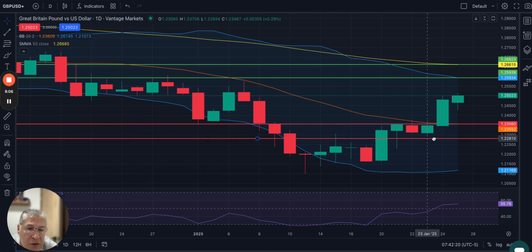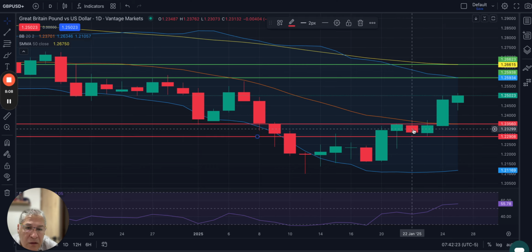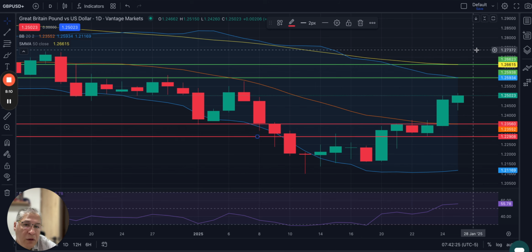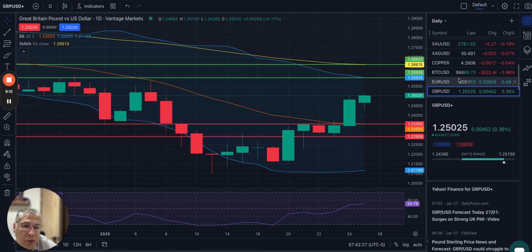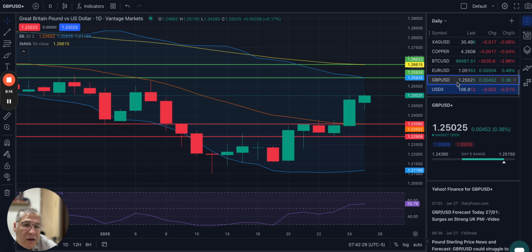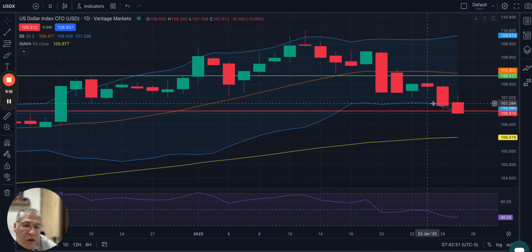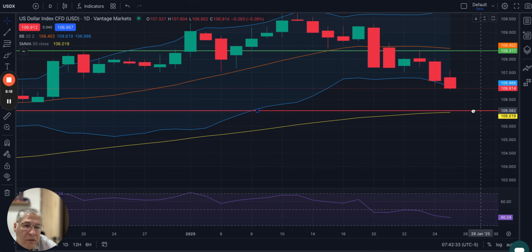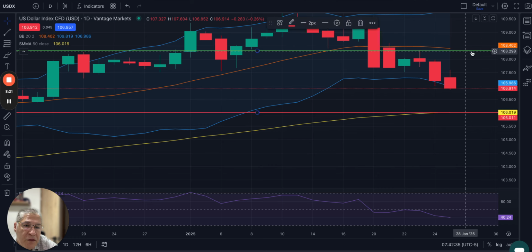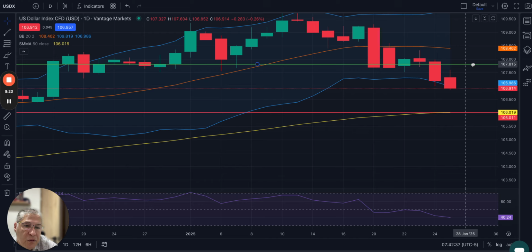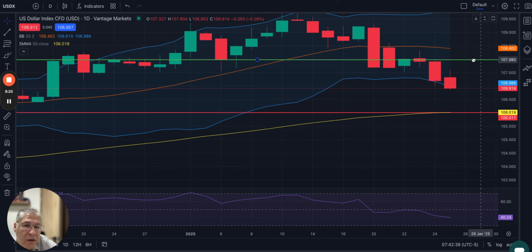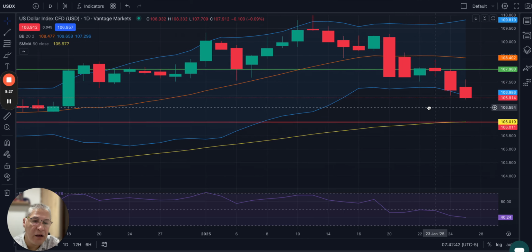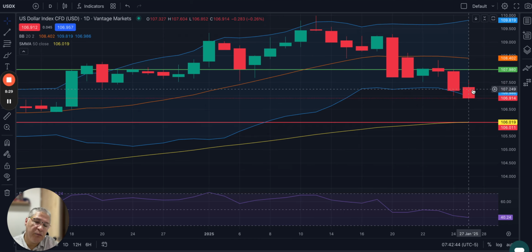Let's use this over here as a probable level where it should find some support. And the dollar index is tanking, so the 50-day moving average is the first level of support, and then the swing high from last Friday. As it moves lower, we should see the currencies moving higher and metals moving higher.